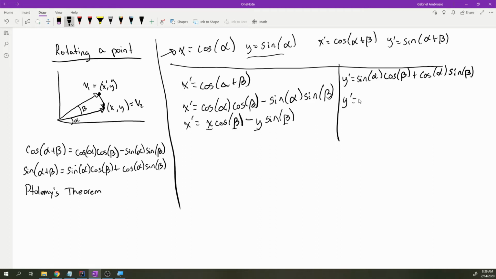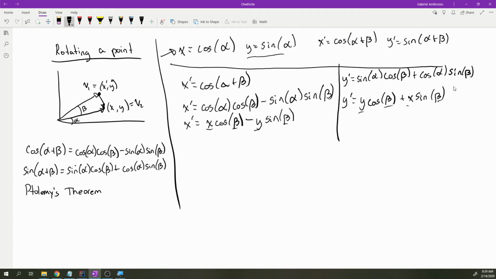That's just y. So we could say this is y cosine of beta. And then cosine alpha, well, hey, that looks familiar too. That's just x. So plus x sine of beta. And we've just now transformed this into terms that we know as well. These are all terms that we know from the given. We have the original point, we have the angle we want to rotate by.